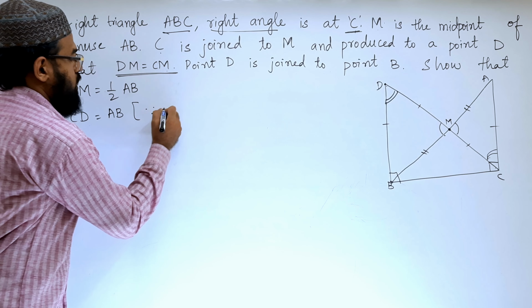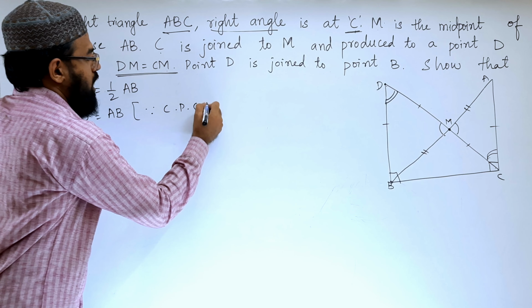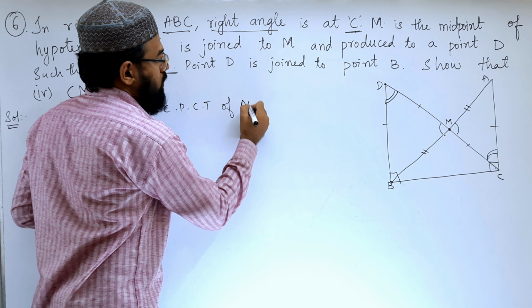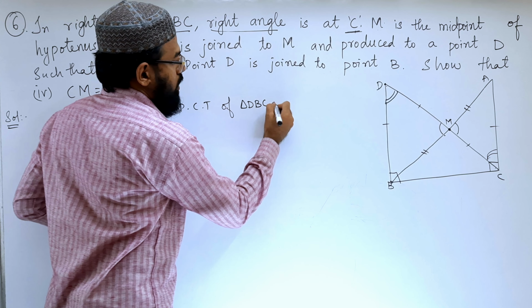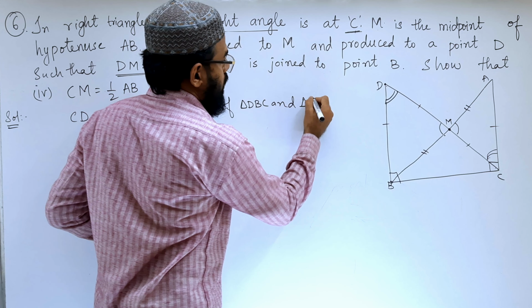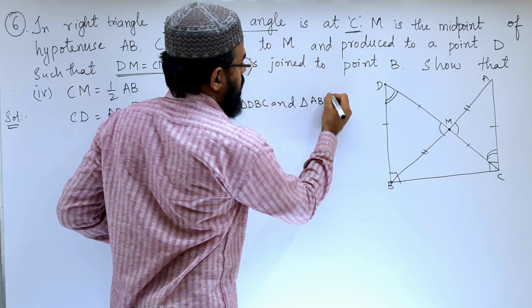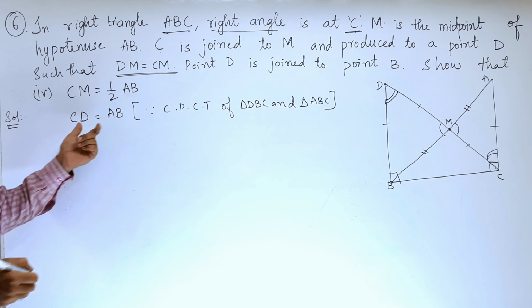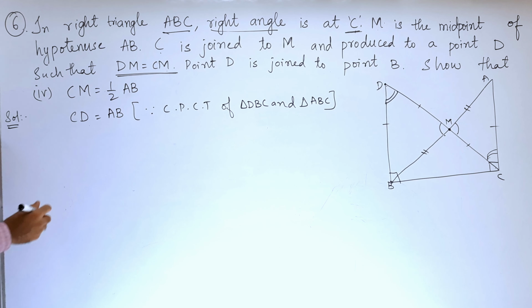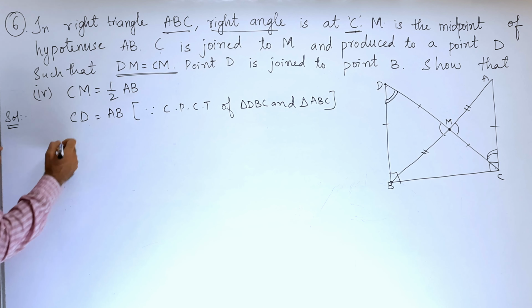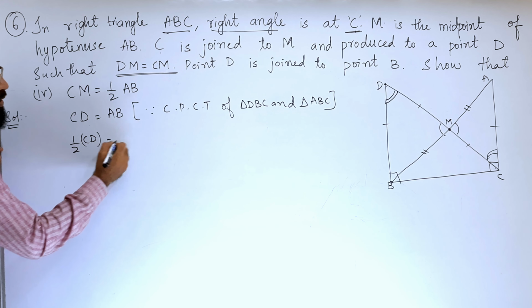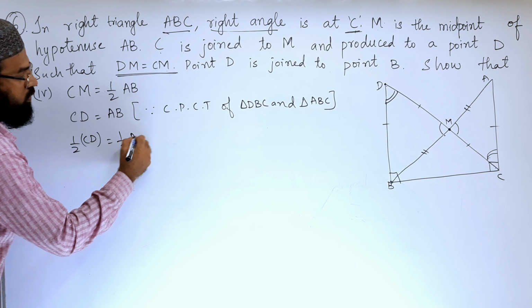So by CPCT, corresponding parts of congruent triangles DBC and ACB, we get CD is equal to AB.